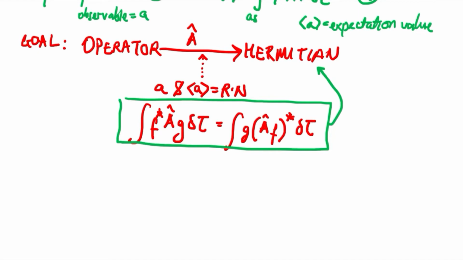So this A is the target goal in here, and this A is no more an operator, but now it's called a Hermitian operator because it satisfies this particular expression, and also it produces eigenvalues or observables that are real numbers.